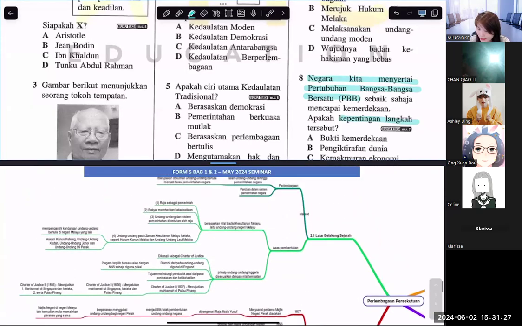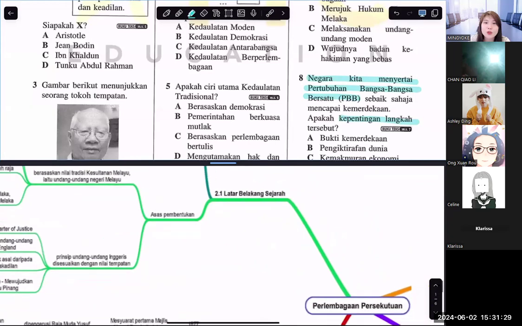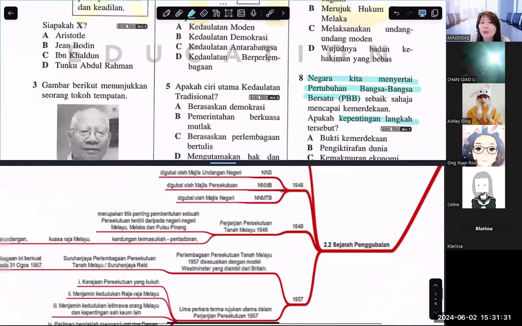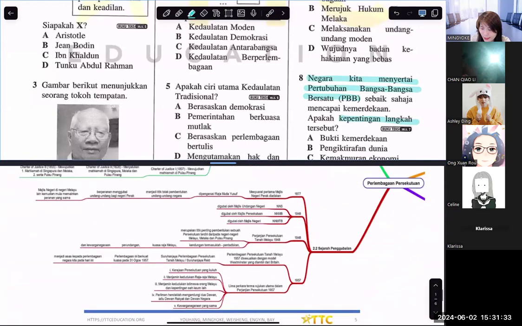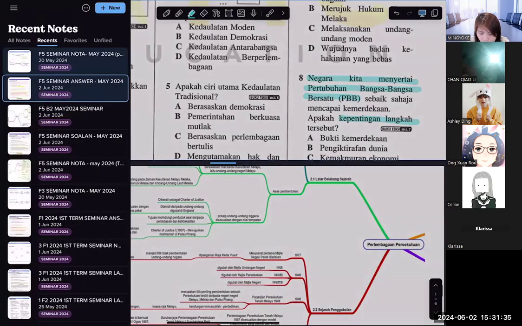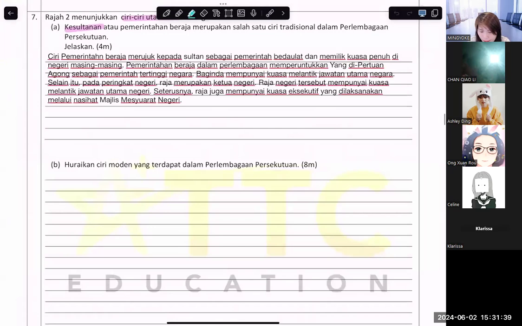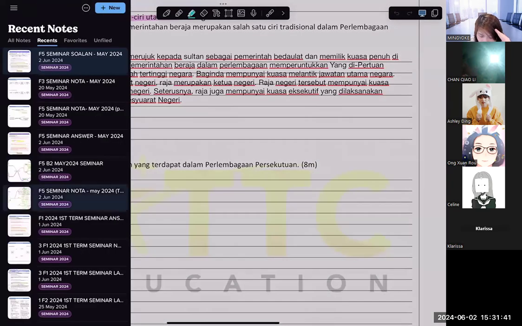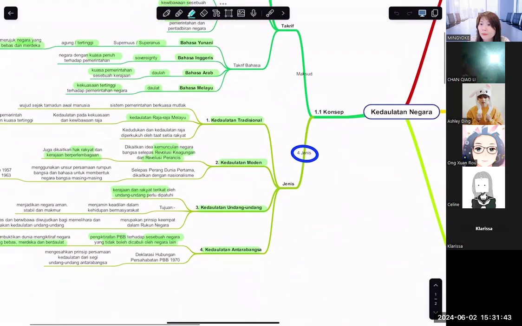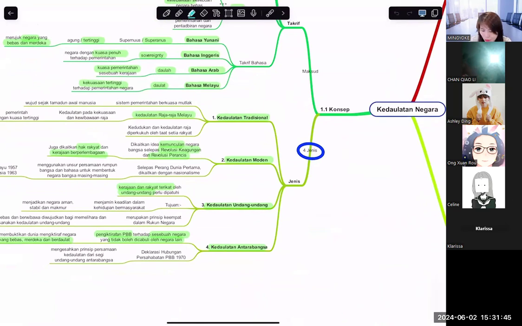Remember here, PBB is Antara Bangsa. So we go to Antara Bangsa there, chapter 1. Sorry, I have to open back my notes. Okay, here. PBB. Yes, correct.